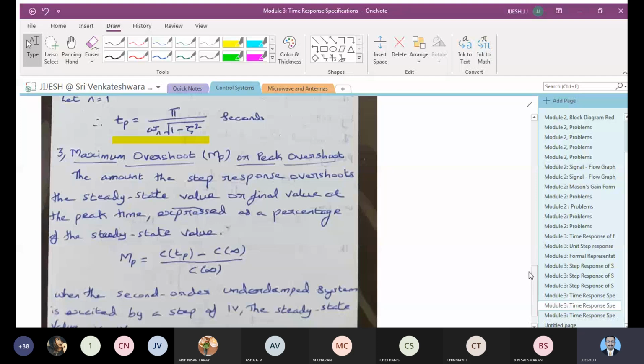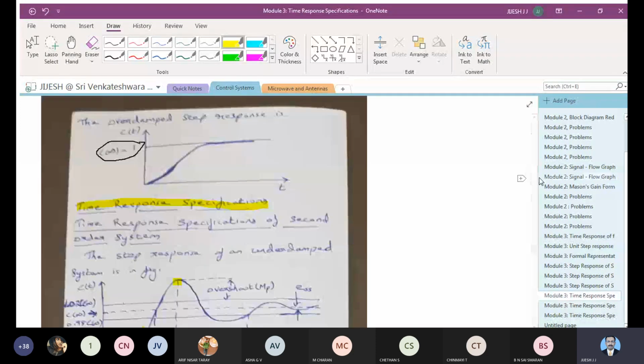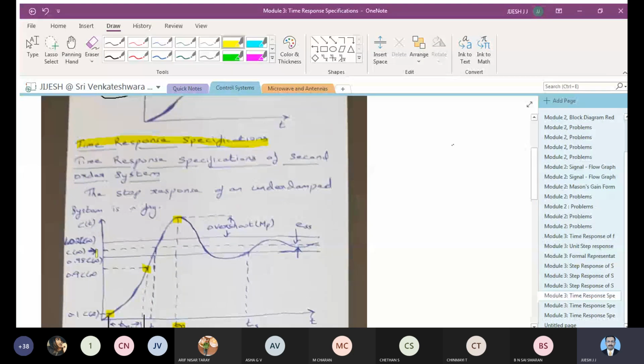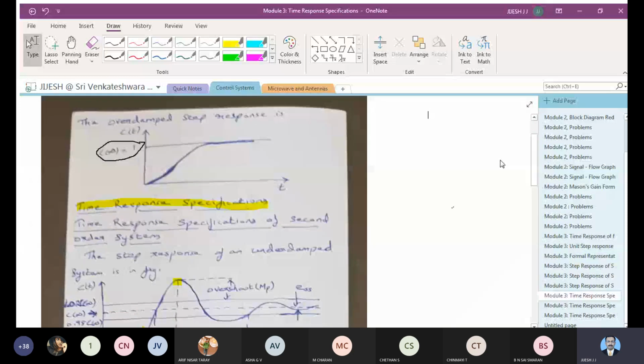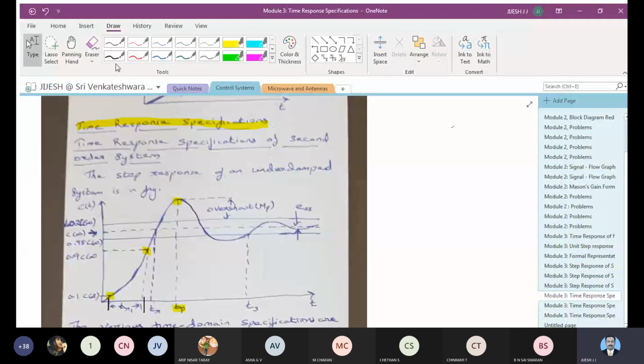So that is this one. Maximum overshoot is C of Tp minus C of infinity by C of infinity. I can just take you there and say that C of infinity is here, this line. You can see this line is C of infinity, and this is also where you are getting the maximum value.